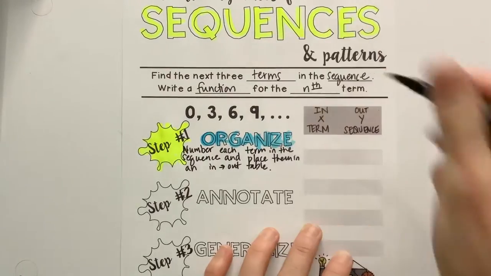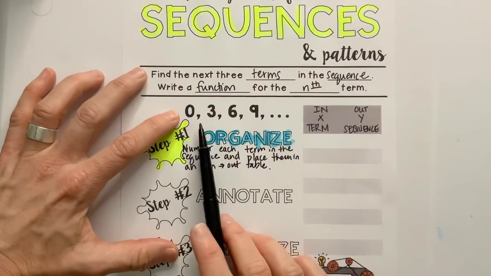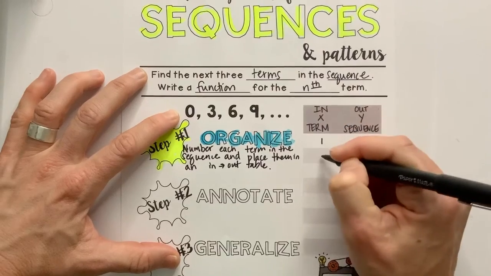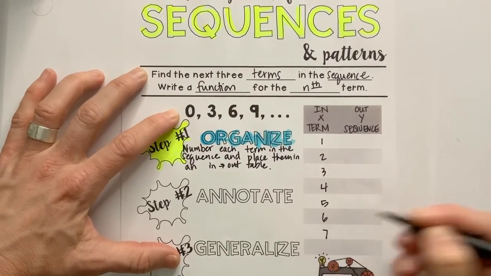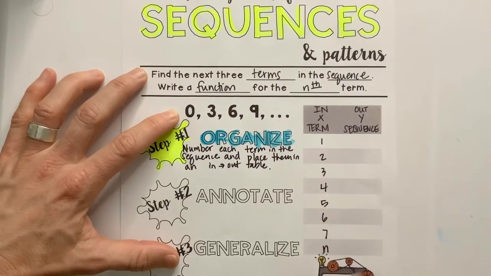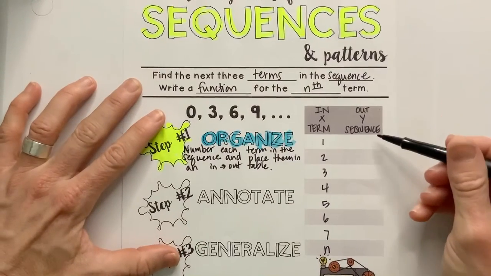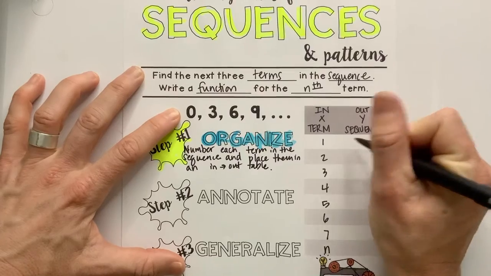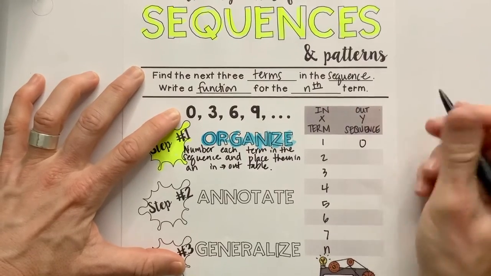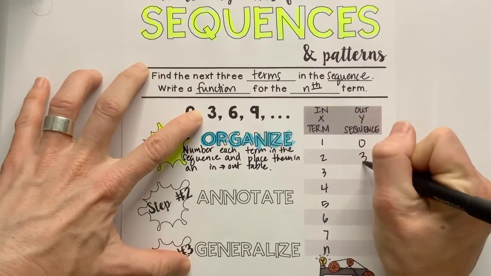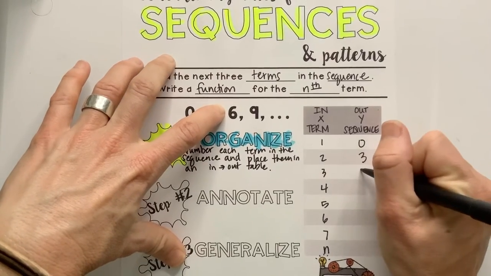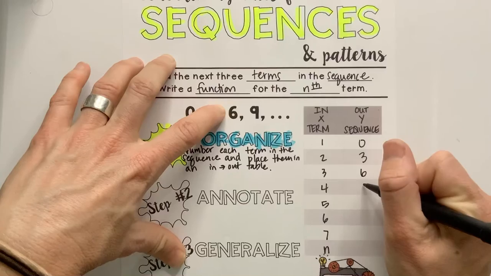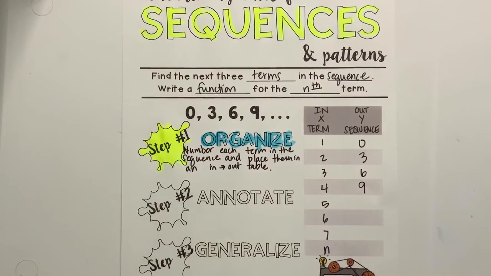So like the number that it is. Okay, so what would we do here? Well, we just would say we have the terms, the first, the second, the third, the fourth, the fifth, the sixth, the seventh, and then the nth, which I'll explain later. So what is the output of that sequence? So the first term is 0. The second term is 3. The third term is 6. The fourth term is 9.